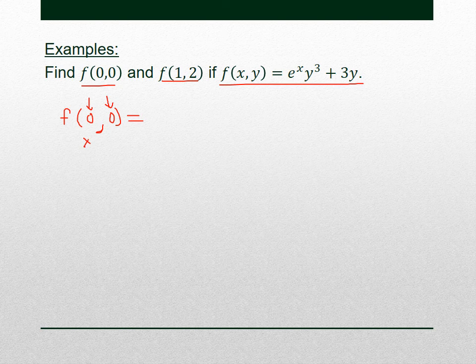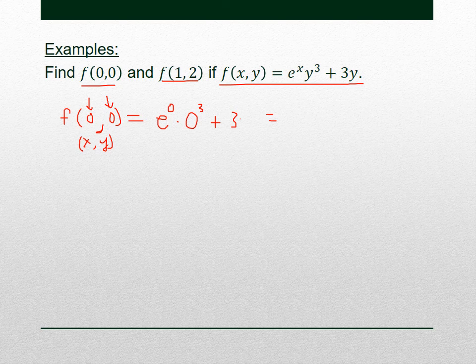Right, so this is x comma y. So now let's go to our function. It's e to the x, but here x is 0, so that's e to the 0, times y cubed, but y is 0, so that's 0 cubed, plus 3 times y, but again, y is 0, so we're just plugging in x equals 0 and y equals 0.